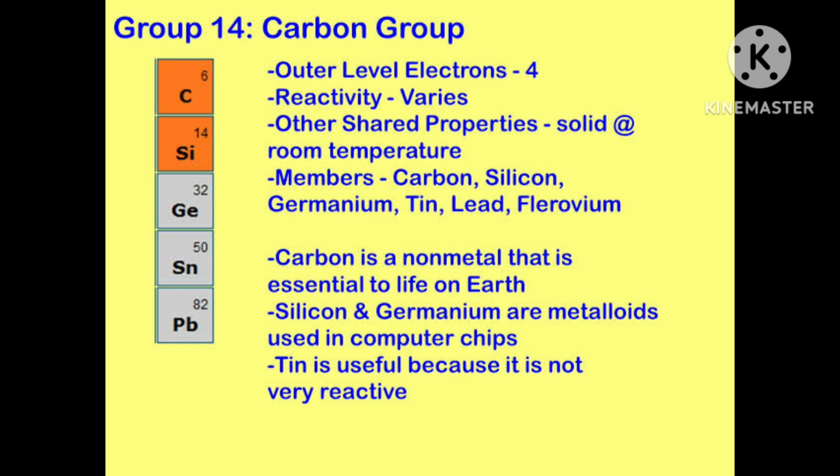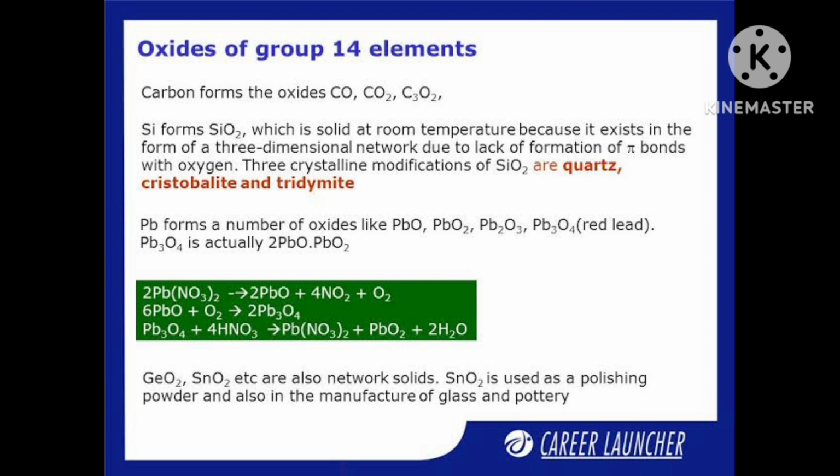Now the heavier members, for example germanium and lead, are able to make halides of formula only MX2, meaning GeX2, PbX2, like lead chloride, germanium chloride. Stability of dihalides increases down the group.